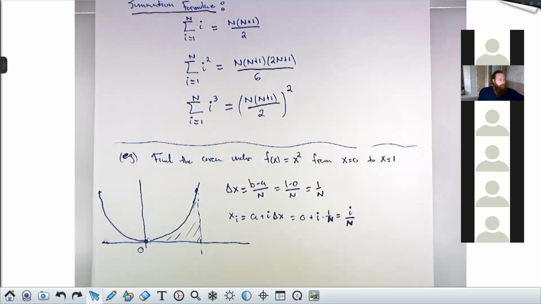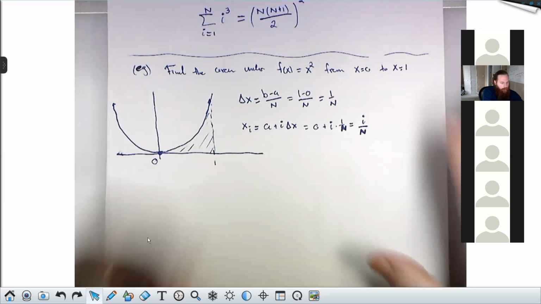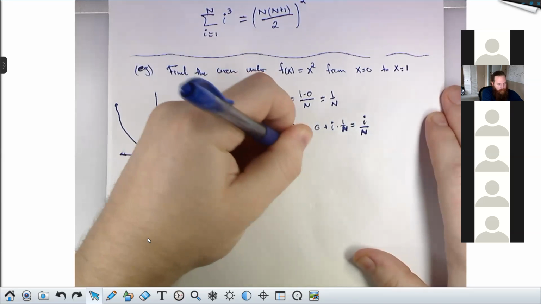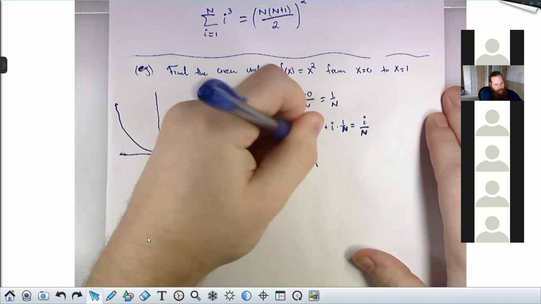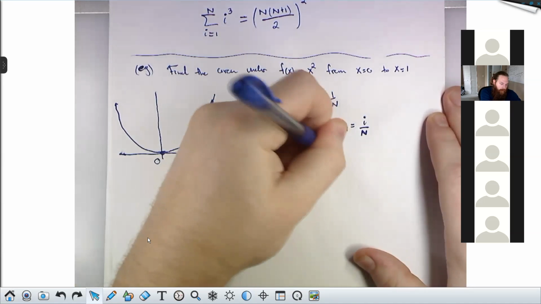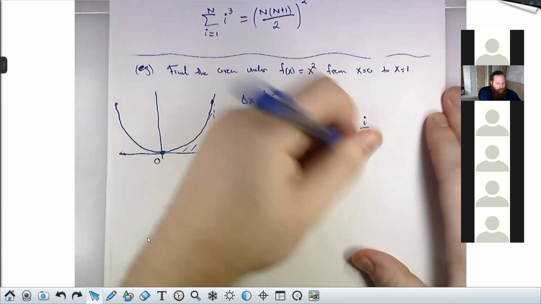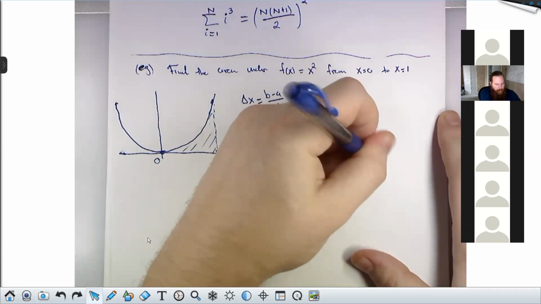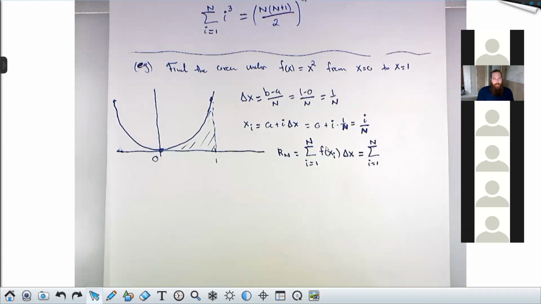And now I construct the sum. So Rn is the sum from i equals 1 to n of f of xi times delta x, which is the sum from i equals 1 to n. f of anything is that thing squared, because f of x is x squared.